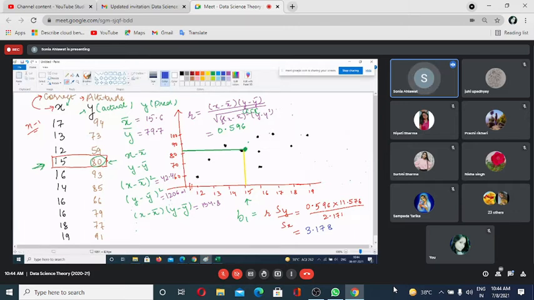जी आया आपका R, sorry B1 is coming out to be 3.178. Sorry, this value is basically B naught. It is intercept, na? The B naught coming out to be 3.178.